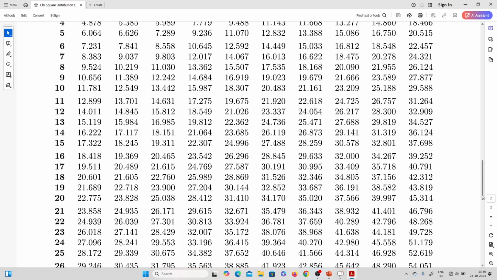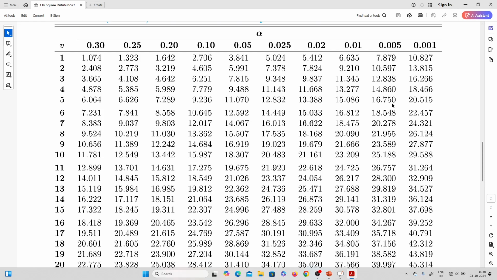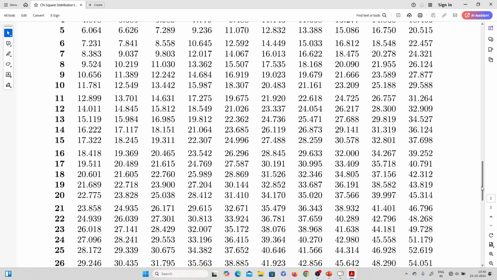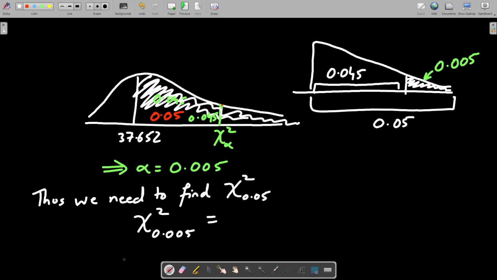Chi-square of 0.005, this column for 25, the last column for 25: 46.928. So this is the answer. We have solved the problem.